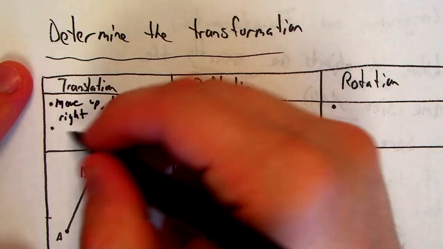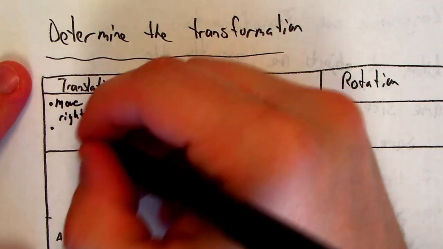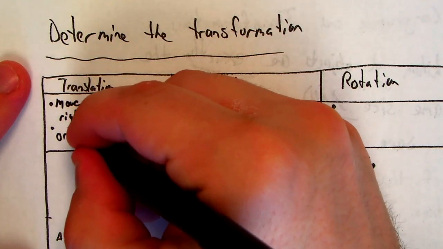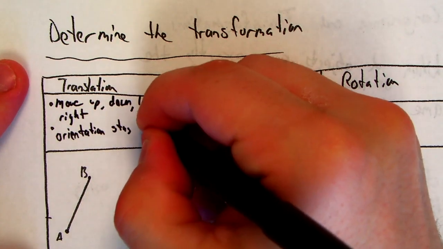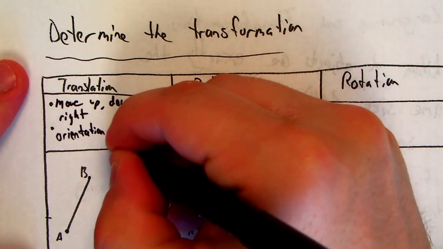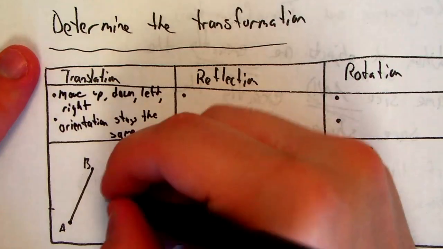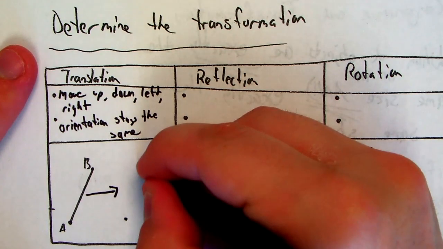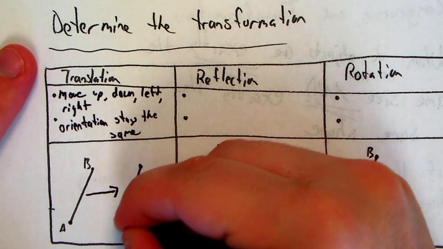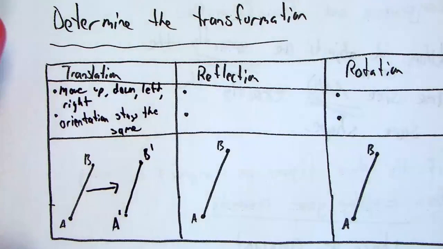Now, what that actually means as far as looking at these shapes is my orientation, or the way it's facing, stays the same. Which means I could move AB to look like this. So it's A prime and B prime.